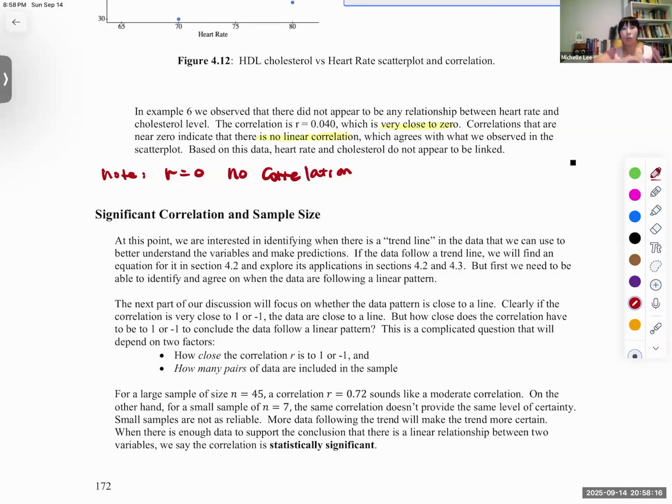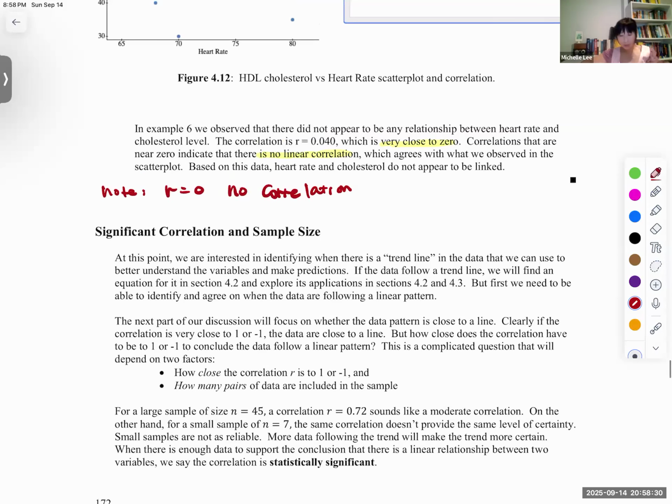So what we are learning in this case, I showed you earlier when n equal to 7. For example, let's just follow the textbook. If we have n equal to 45, and the correlation R equal to 0.72, which is moderate, positive correlation, is it the same as when n equal to 7 and we get a moderate 0.72?